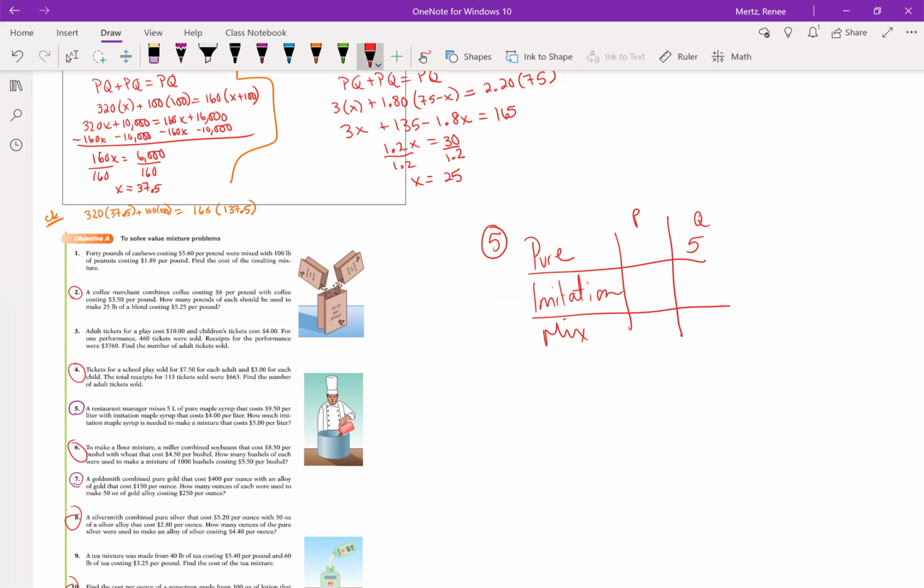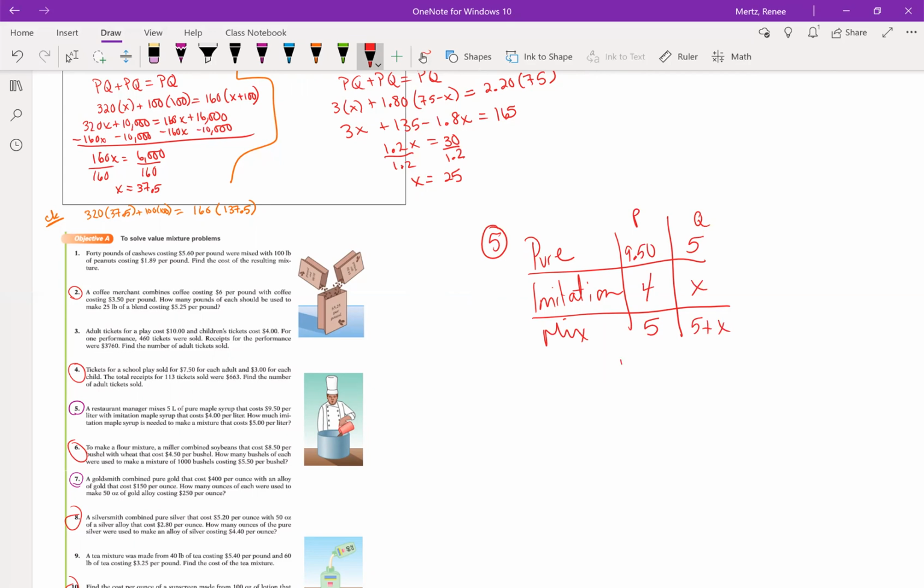That costs $9.50, so that's a price. Mixed with imitation, that costs $4. How much imitation? We don't know. To make a mixture that costs $5 per liter. So we know 3 prices. The mixture quantity is putting them together, so 5 plus X.